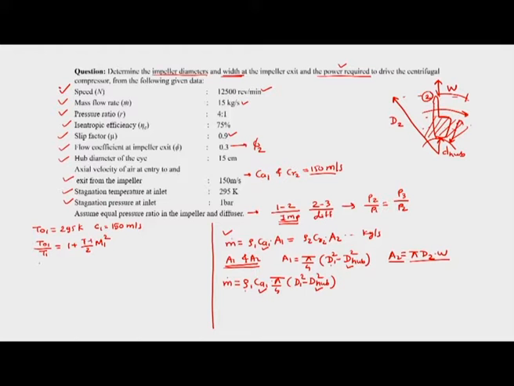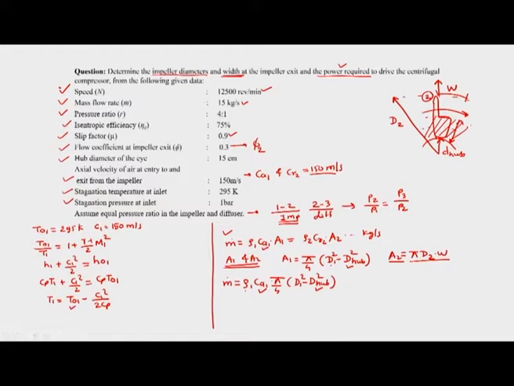But instead of that, we can also use, at this inlet, H1 plus C1 square by 2 is equal to H01, where H1 is Cp T1, so Cp T1 plus C1 square by 2 is equal to Cp T01. So T1 is equal to T01 minus C1 square upon twice Cp.